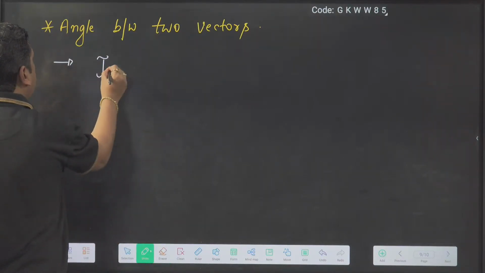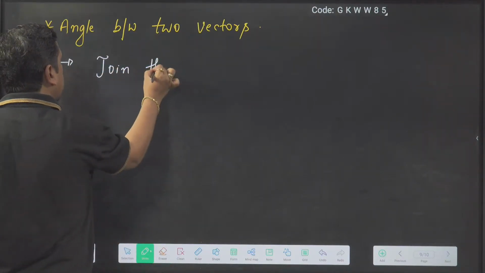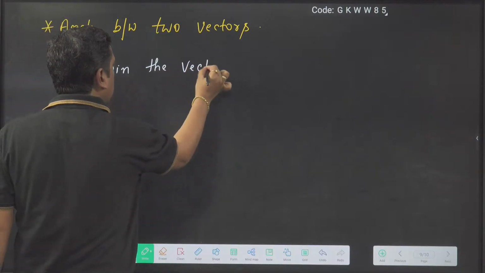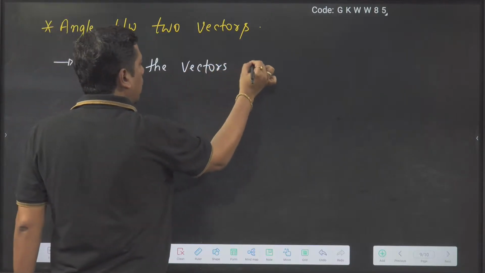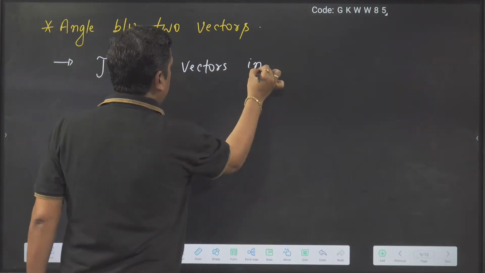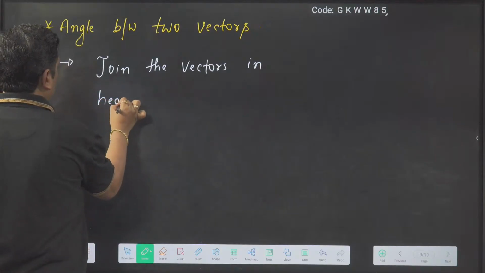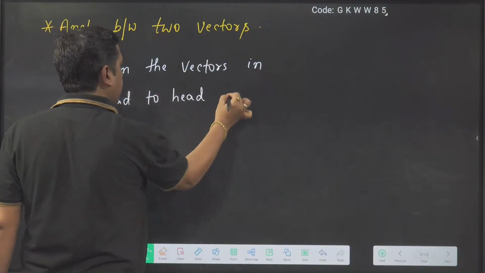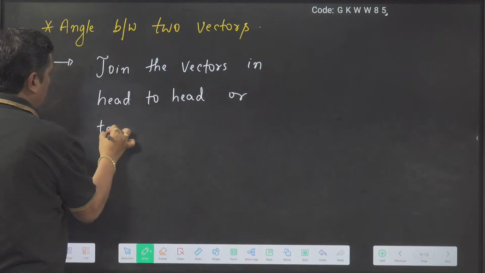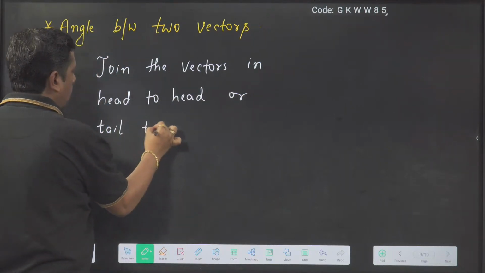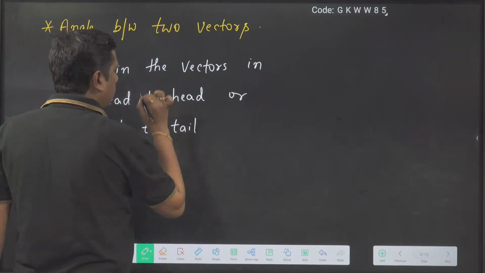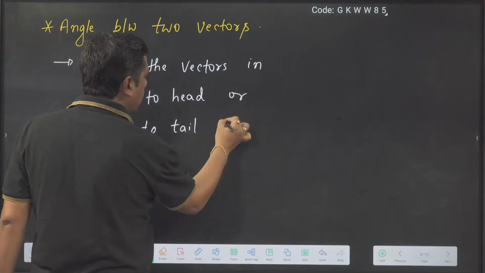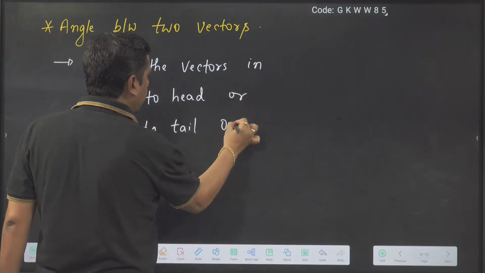First of all, you have to join the vectors head to head or tail to tail, fashion, orientation, whatever you can say.